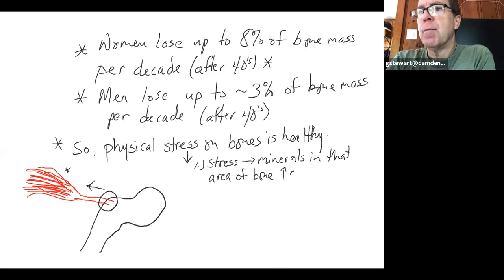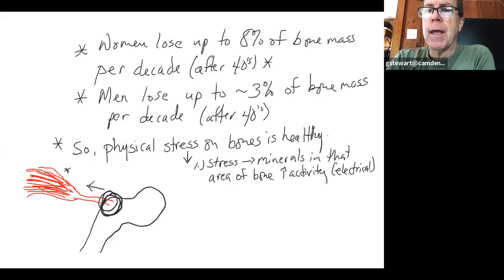It increases the mineral activity, the electrical activity. So when a muscle pulls on a bone, the electrical activity of the minerals in the bone right here increases.